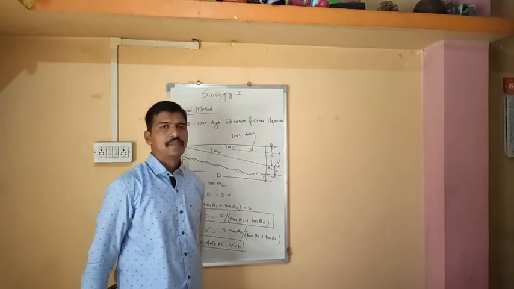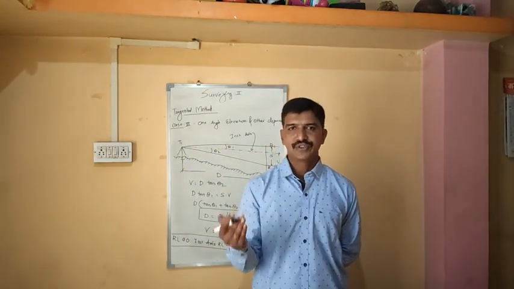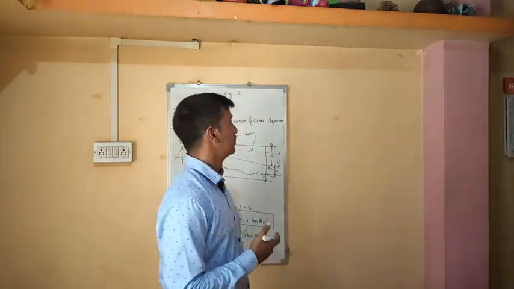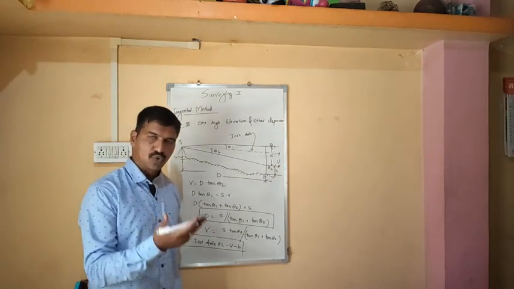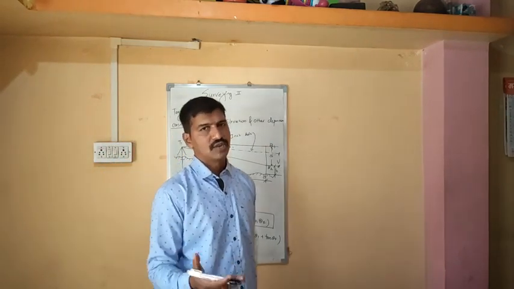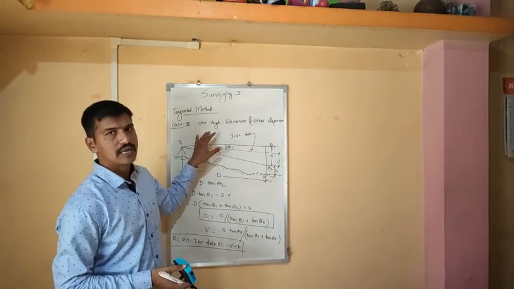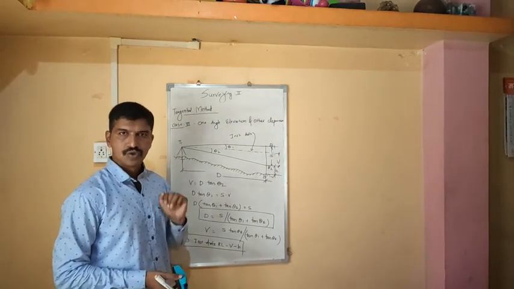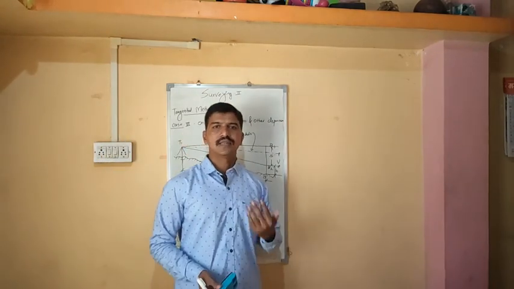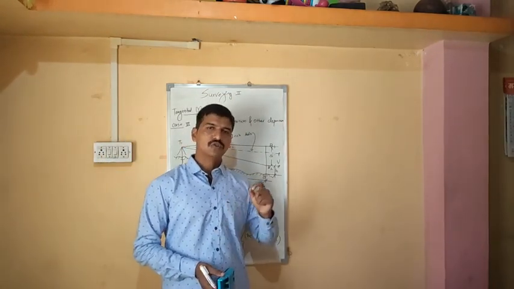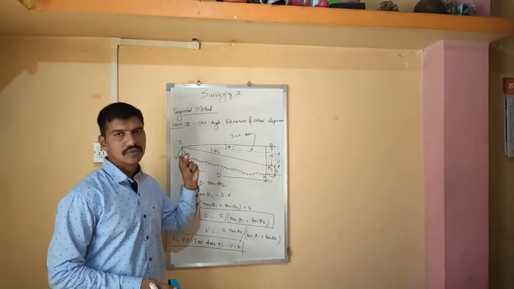So today we have seen the tangential hair method. Case number 1, both angles are elevation angles. Case number 2, both angles are depression angles. And case number 3, one angle is elevation, one angle is depression. Students, in the next lecture, we will go for the numerical solutions for the tangential hair method.